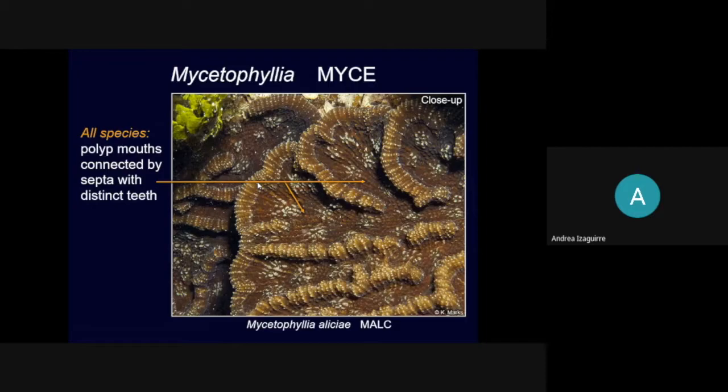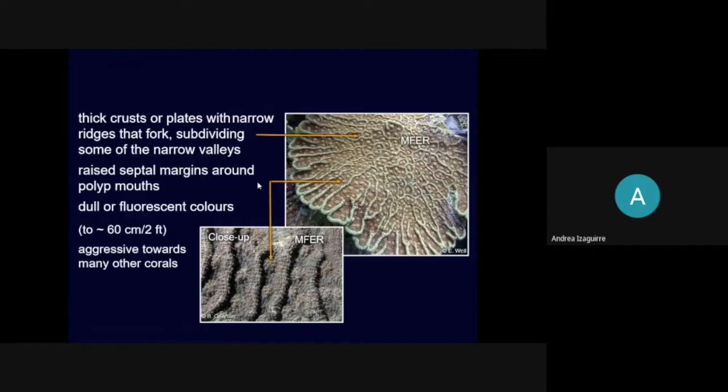So we are going to be looking at our 3 different species. The first one is going to be Mycetophyllia ferox, or MFER. It's going to be a cactus that grows in thick crusts, and it has kind of like a wall all around the coral, and all of these walls grow inwards.